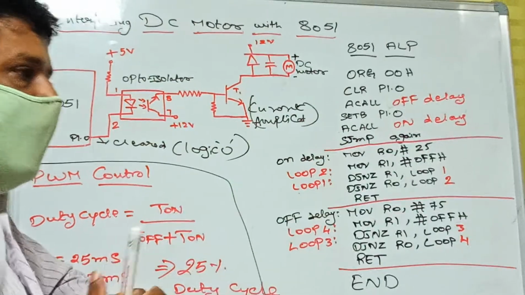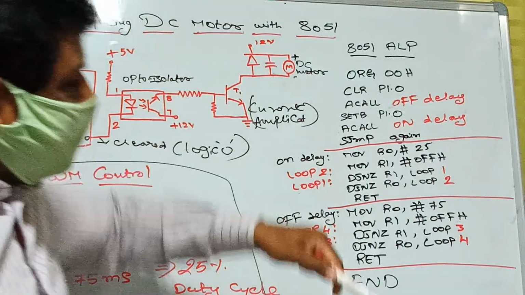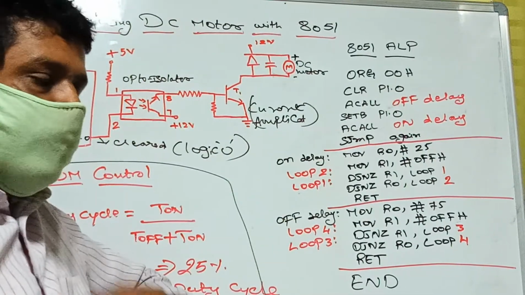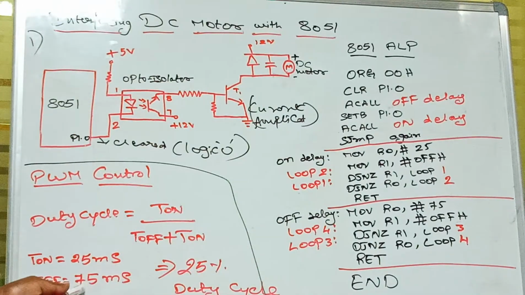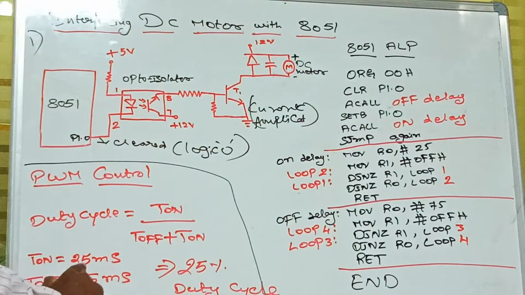To turn on, how many milliseconds we have to give, I already calculated here, and for how many milliseconds it is going to be turned off, that is also already calculated in the duty cycle. For example, here the DC motor is going to be turned on for 25 milliseconds and turned off for another 75 milliseconds.